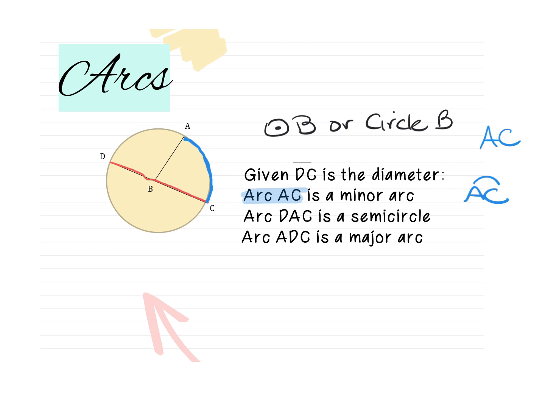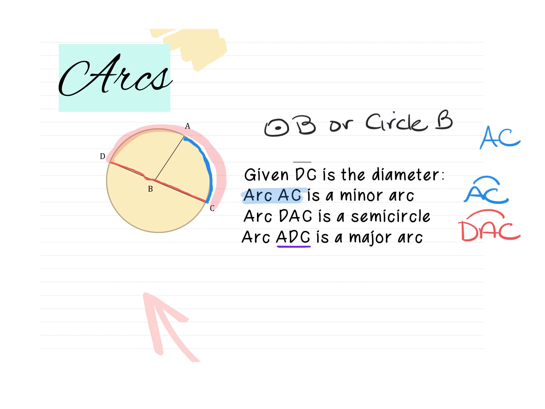Now arc DAC here, notice the endpoints are the endpoints of the diameter. So this is a semicircle arc. And again, you could name it with the 3 letters with the picture of the arc on top. Now, when you go to figure out where an arc is located, when they give you the 3 letters, you have to go in order.